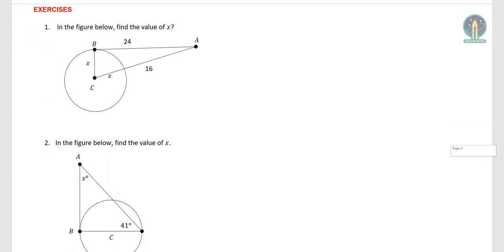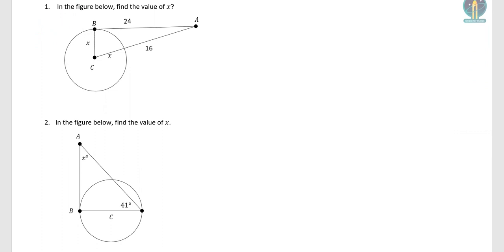And here we have our exercises. Please pause the video, work on these, and come back for the solution. Okay. In the figure below, find the value of x. So x is the radius, this one and this one, okay? 16 is this segment.